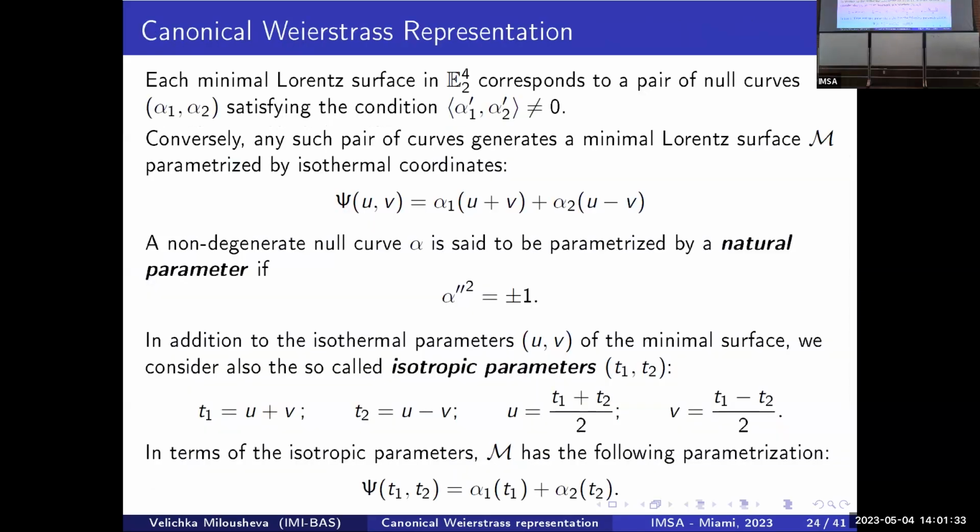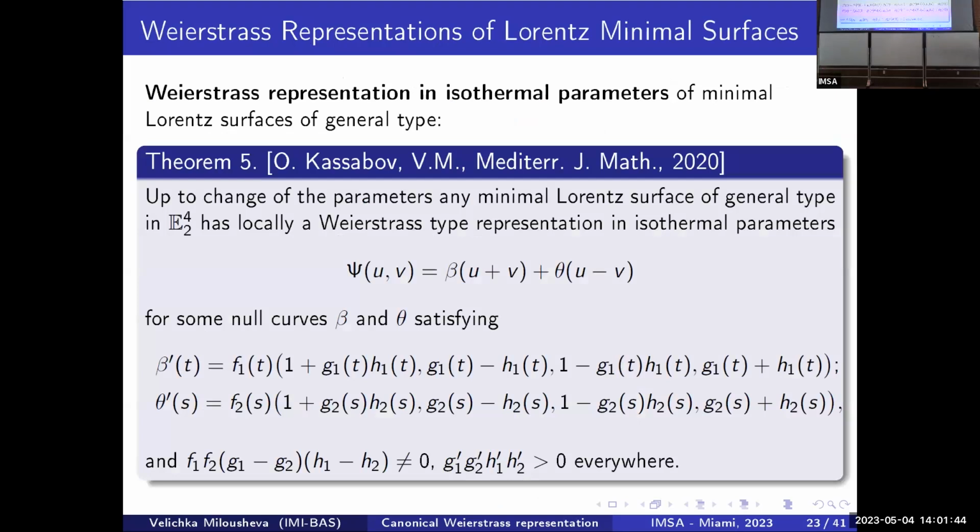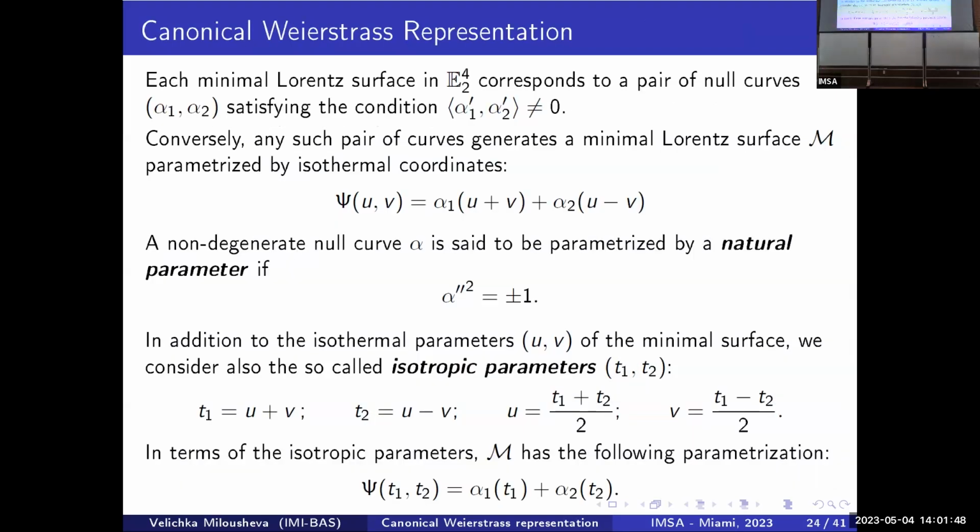After that, our aim is to find special parameters, which will simplify and reduce the number of functions. Here I change the notations: instead of beta and theta, for simplicity on this slide, I use alpha 1 and alpha 2. So each minimal Lorentz surface in E^4_2 corresponds to a pair of null curves alpha 1 and alpha 2 satisfying this condition.